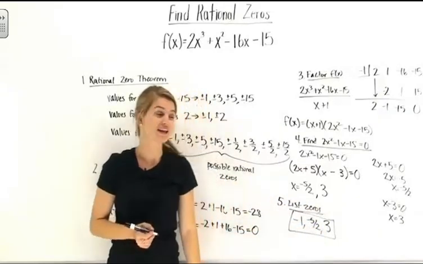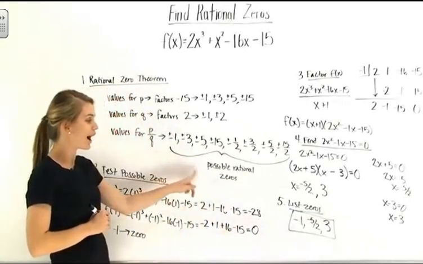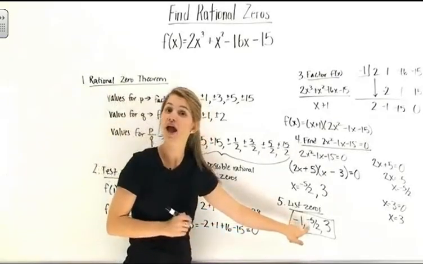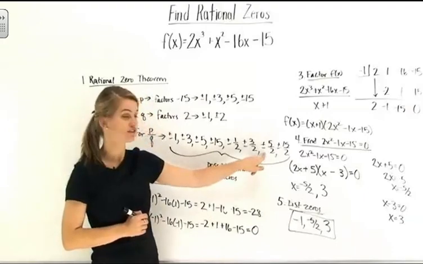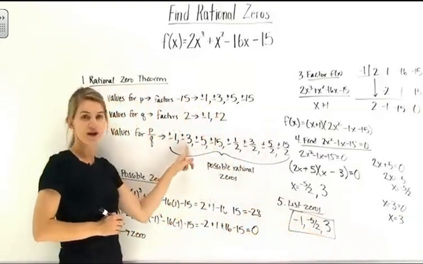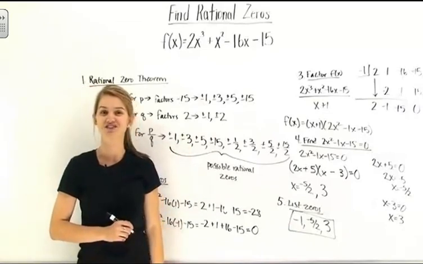And more specifically, it had 3 rational zeros. And if we look back at our list of all the possible rational zeros, we see that negative 5 halves, our actual rational zero, was on this list, right here. And our other 0, 3, was on the list right here. So now we know how to find the rational zeros of a function.